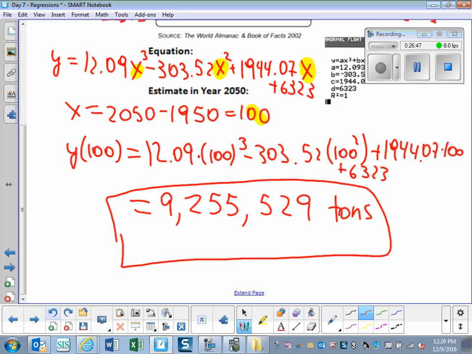Questions about this? Oh, I look at my key, and it's a little bit different answer because in the key we rounded to the first decimal point.